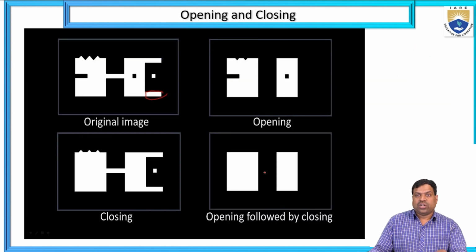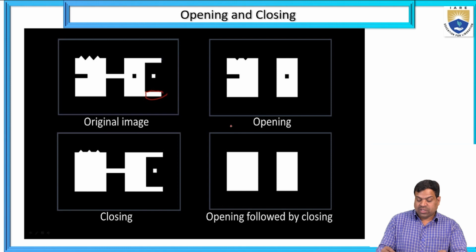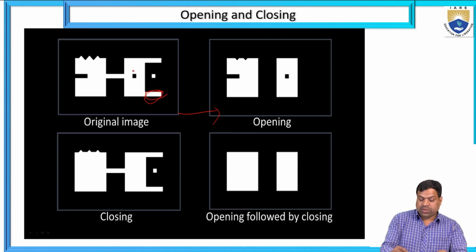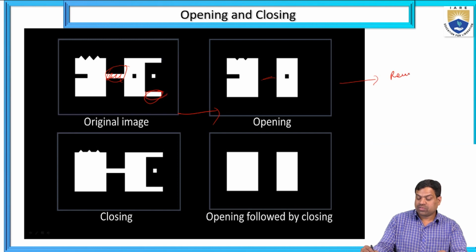So this is the original image. When I go for the opening, what happens is that some unnecessary white is removed. Here only black is there. Opening removed objects. In closing, we are increasing.